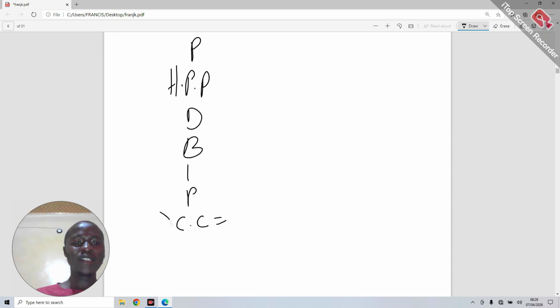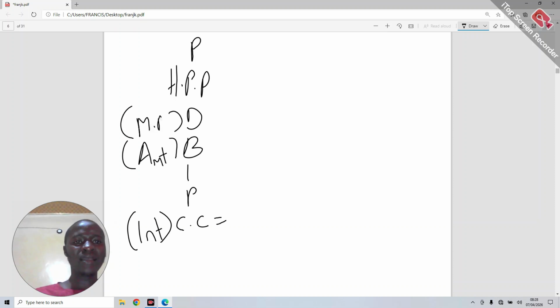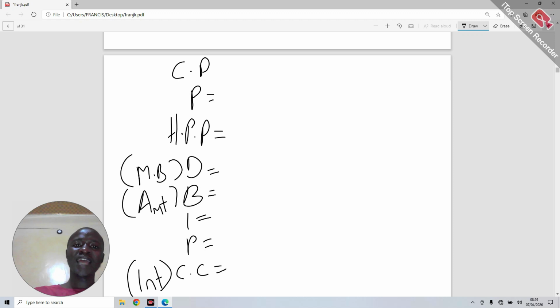Now, I told you carrying charge is the same as interest. I told you balance is the same as amount. And I told you deposit is the same as monthly balance.